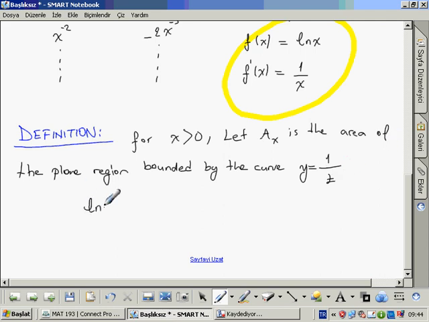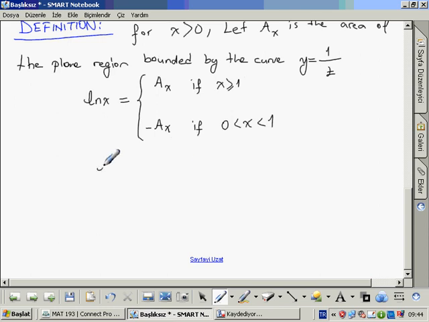And ln x equals a sub x if x is larger than or equal to 1, and minus a sub x if x is larger than 0 and less than 1. And ln 1 equals, we must know, 0.